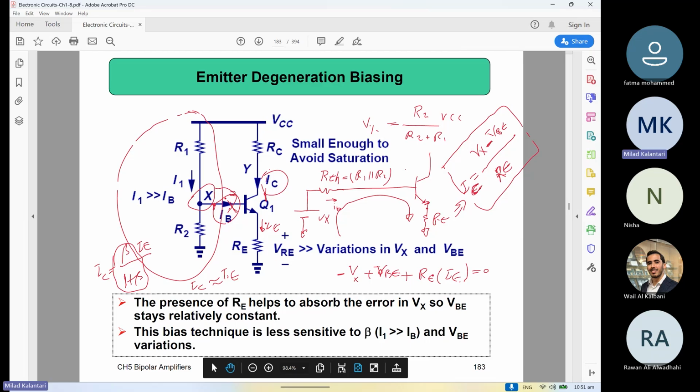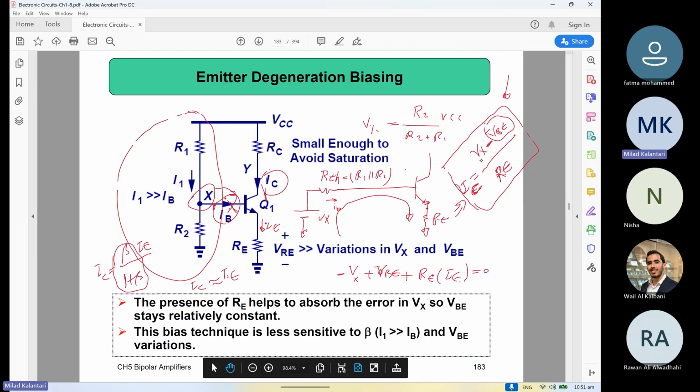So how is this time? What are the parameters that are under our control or not under our control in terms of this biasing? Still VB is not under control. Any other parameter that you think is not under our control? I'm asking about this biasing circuit for the BJT: we come up with this IC value.